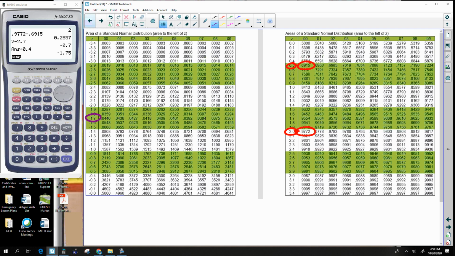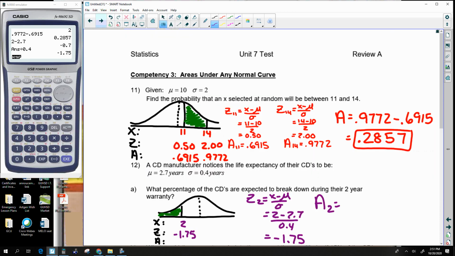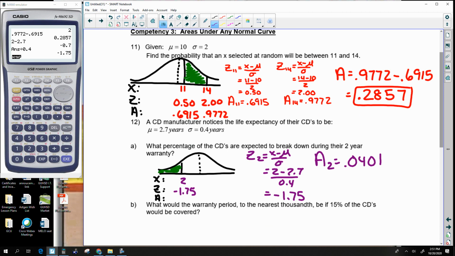Negative 1.75 is 0.0401. That's the area to the left of that. That's exactly what I want. So that is my answer.